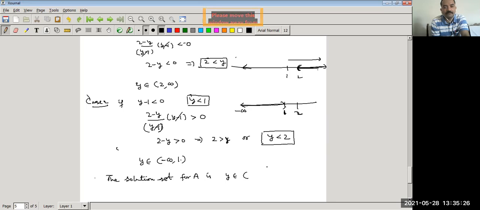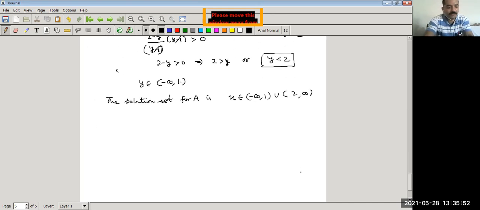Even for A we can say this is x belongs to minus infinity comma 1 union 2 to infinity. So this is the solution for the given set.